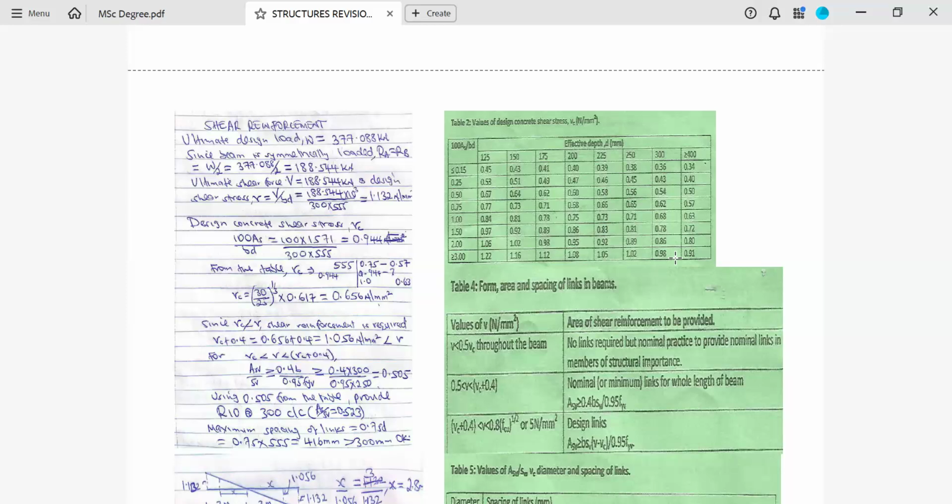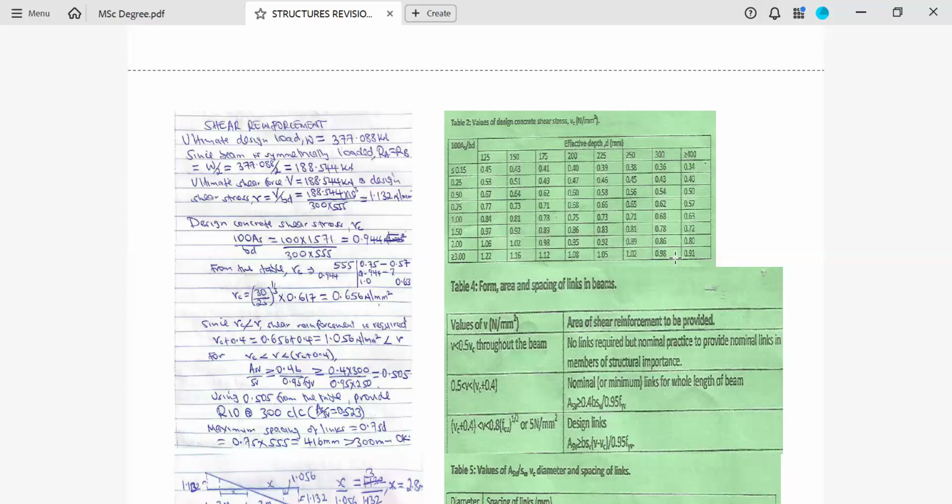Now, for our case here, our value exceeds condition 1 that says no links are required, so we shall move to condition number 2, whereby the design shear stress is more than concrete shear stress but less than... No, we shall take a case where the design shear stress lies between design concrete shear stress and design concrete shear stress plus 0.4.